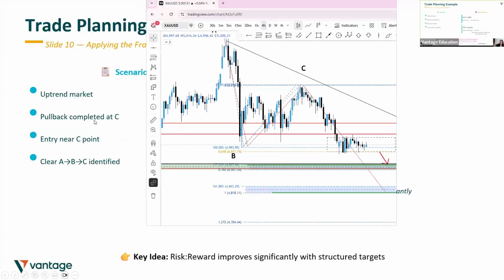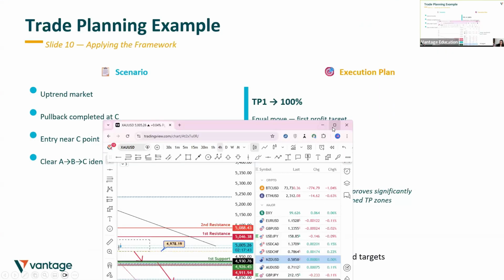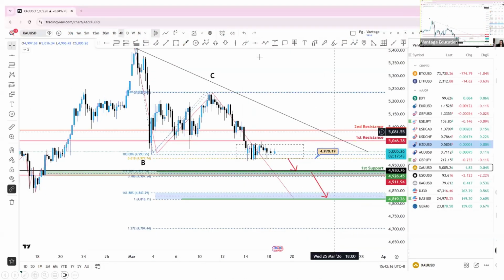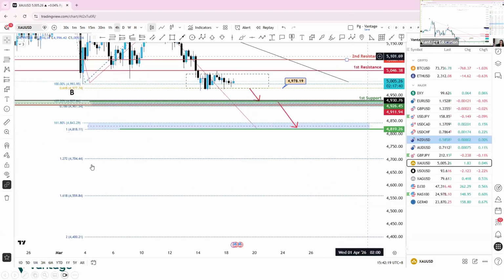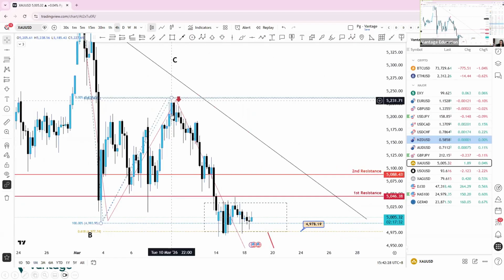After completing C, the entry is near the C point. Since you already entered here at the OB, price ended up retracing 61.8% in H4. You see your bearish engulfing candle, price pulls back to your OB.